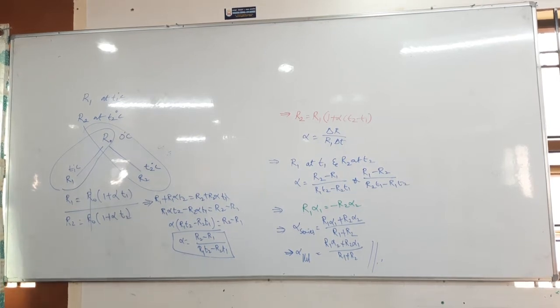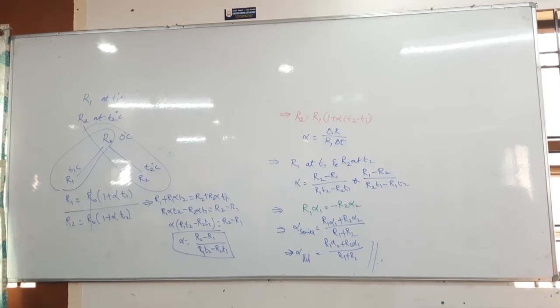Alpha series equals R1 alpha 1 plus R2 alpha 2 by R1 plus R2. Alpha parallel, R1 alpha 2 minus R2 alpha 1 by R1 plus R2. Plus or plus minus? Plus. Everybody has written plus and then he is writing minus.